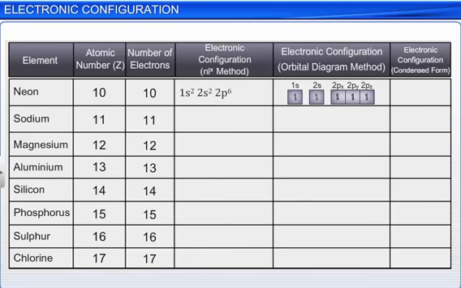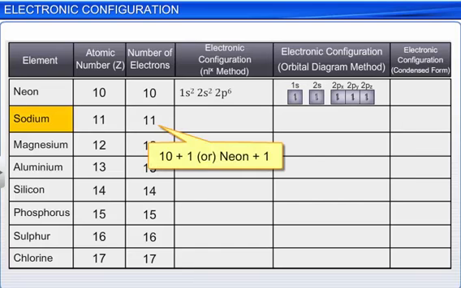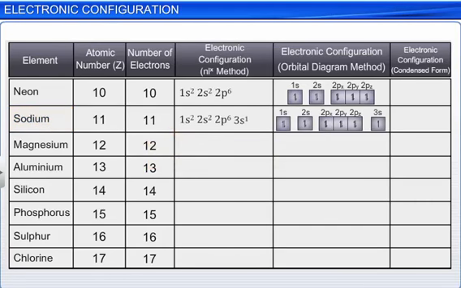For example, the element sodium, that has 11 electrons, has 1 electron more than its nearest noble gas, neon. The 11th electron will enter the 3s orbital.